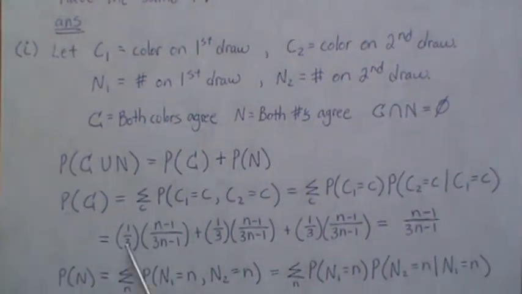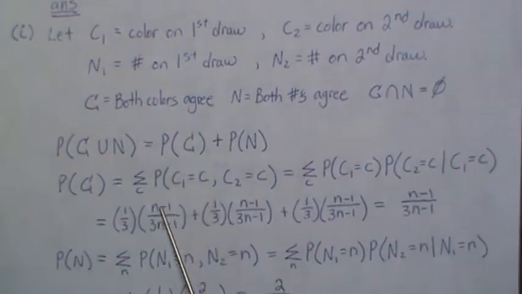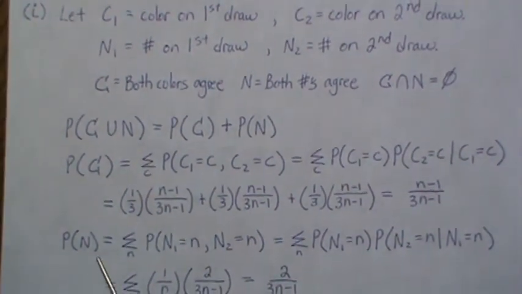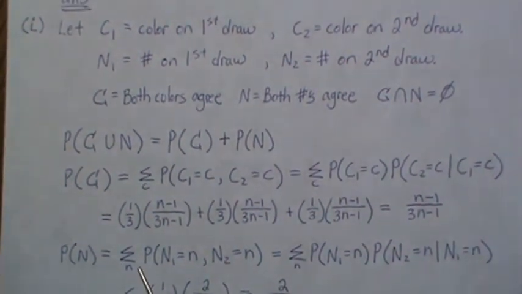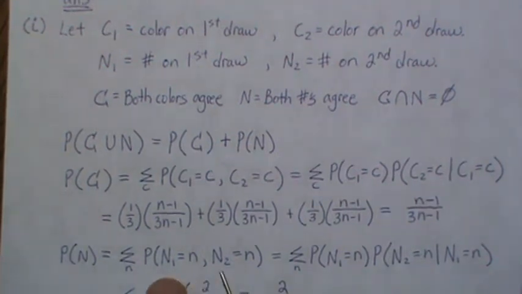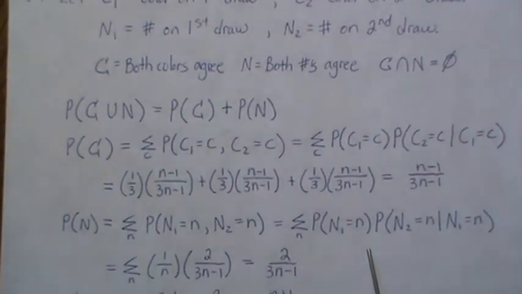Now, this is the first piece. Now we have to find the probability that both numbers agree. So that means the probability that N1 is some number and N2 is the same number, summed over all possible numbers, 1 to N. But this joint probability can be written in a conditional probability sense, and now we go through the possibilities.